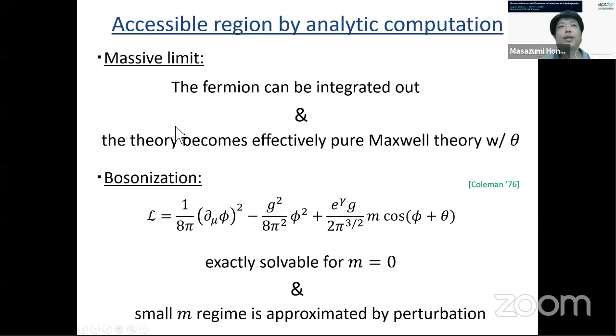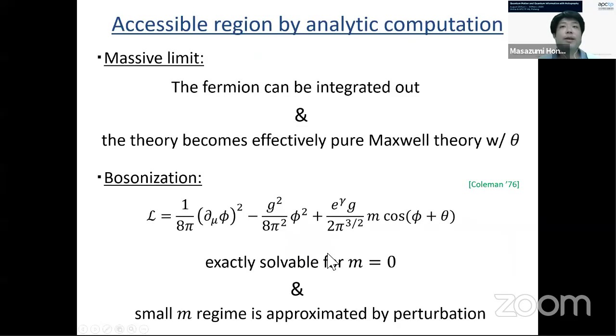And another important thing, particular for 1+1D, is that we have a duality, or bosonization. And it is expected, or believed, that the Schwinger model is dual to this theory. The important thing is the fermion mass is here, and the coupling is here and here.